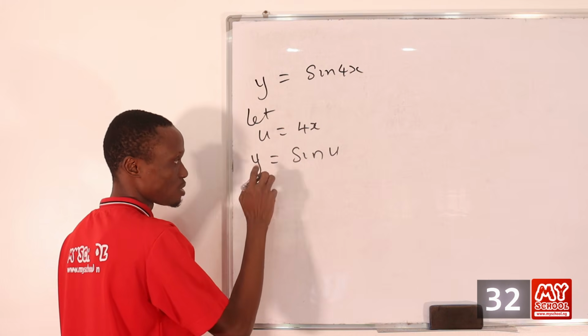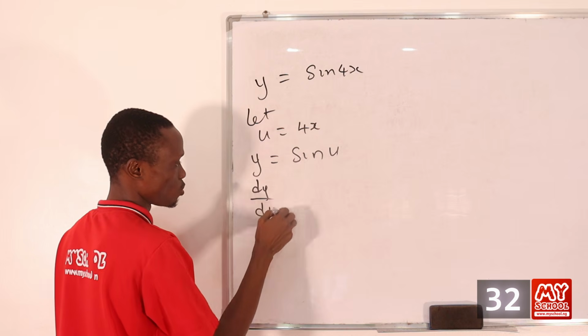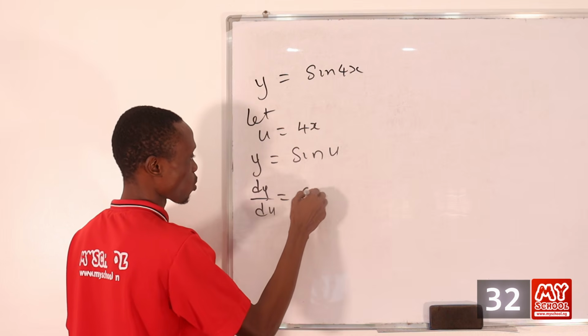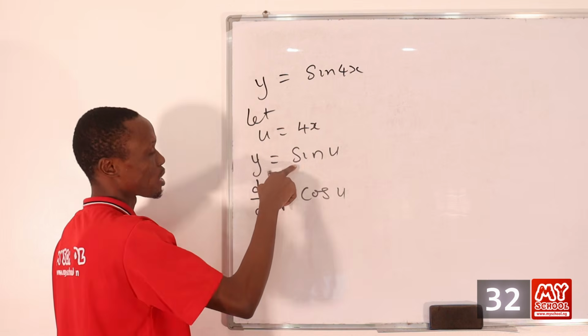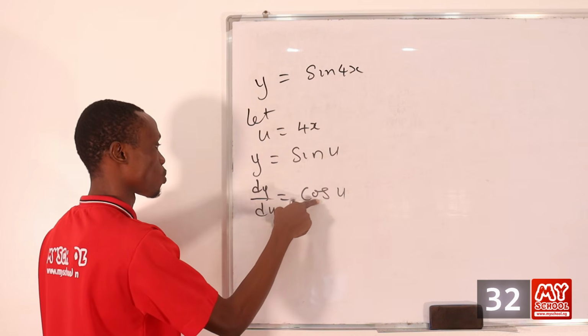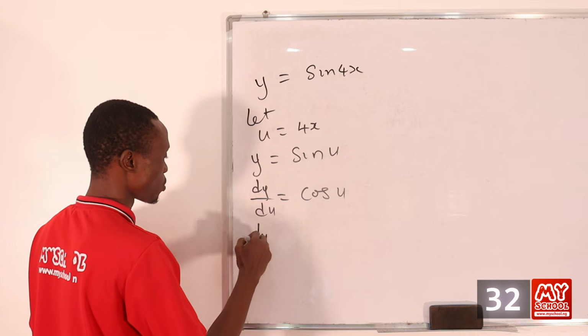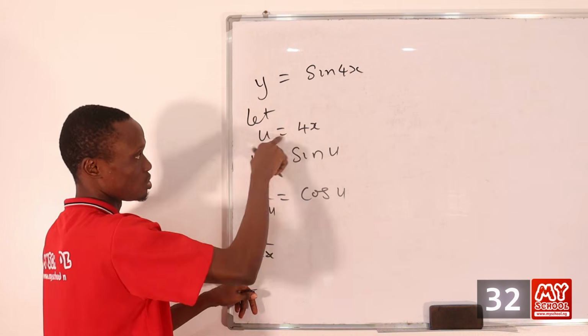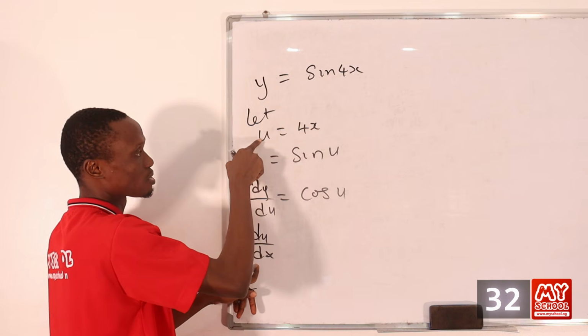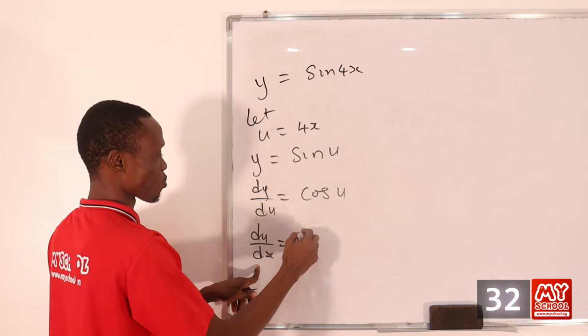Now the next step is to differentiate y with respect to u, so this will be equal to cos u, right? When I differentiate sine, that will be equal to cos, so this will be cos u. Now the next step is to differentiate u with respect to x. Remember here we said let u be equal to 4x. So if I differentiate 4x, that will be equal to 4, okay?